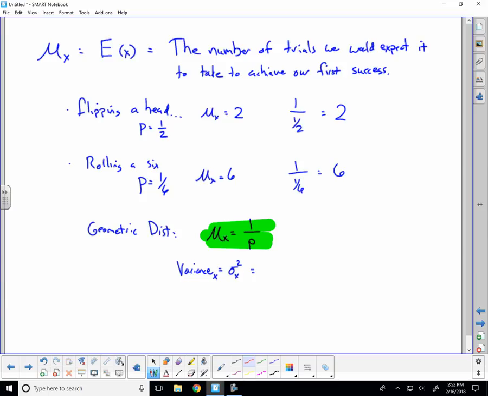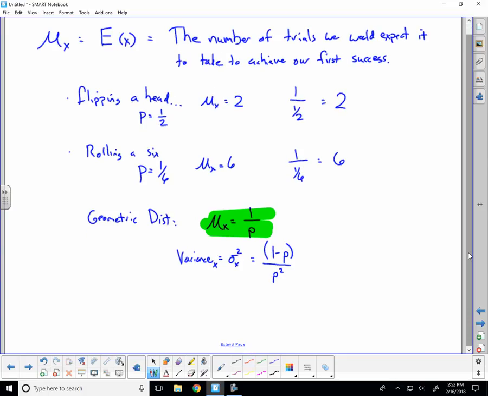We're just going to state this is what it is. It's going to be 1 minus p, divided by p squared.